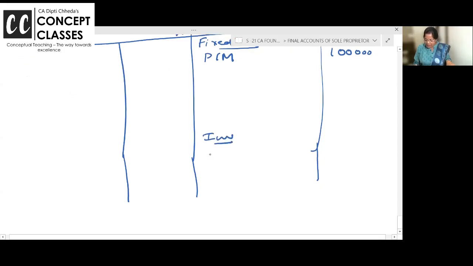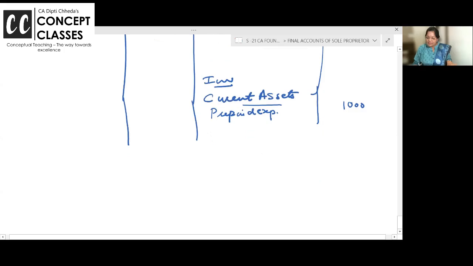Leave 1 or 2 lines and then write the heading current assets, which you are going to liquidate within 1 year. So prepaid expense is like next year's expense paid. Again, next year it will become opening prepaid. So prepaid expense is expense paid in advance. It's a current asset. Prepaid expense is a current asset.